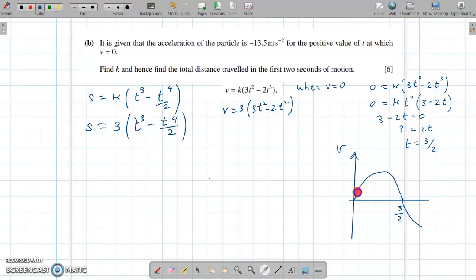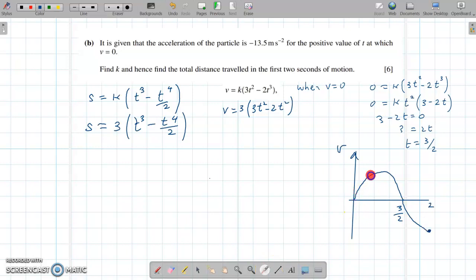The particle is making progress going forwards, and the displacement is getting further away. Then it's going backwards, returning to its old position. So we've got to calculate the displacement here, and separately count the displacement here.